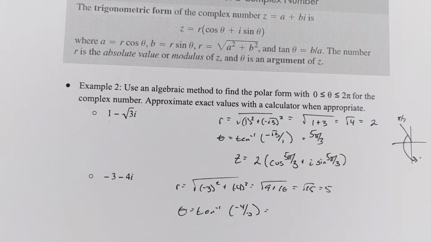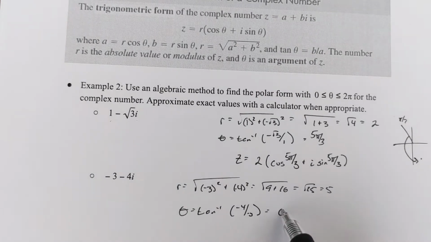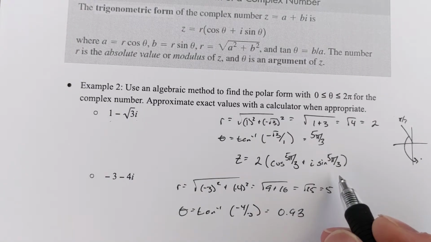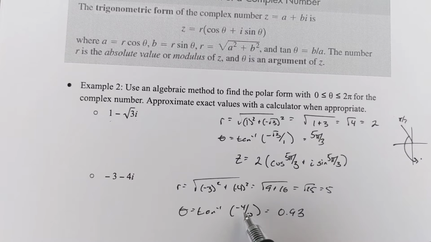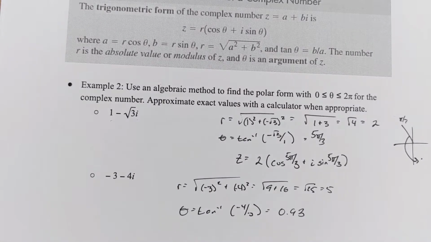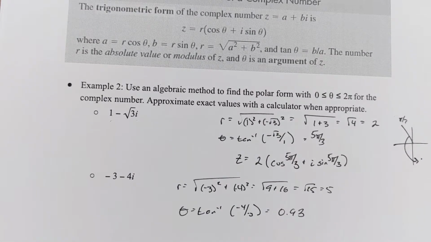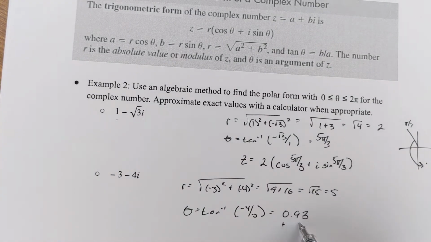So the inverse tangent of 4/3. Your calculator will give you this value, but that value is in quadrant 1. I need to be in quadrant 3, so I need to add pi radians to flip it around. So it's about 4.07. So you have to be careful.